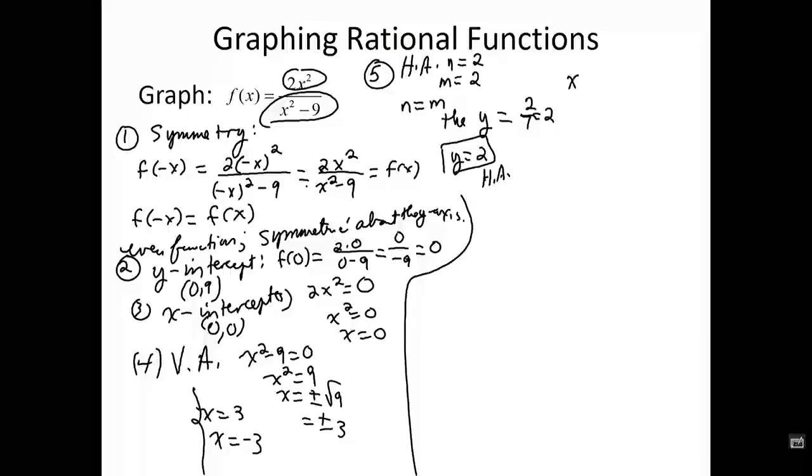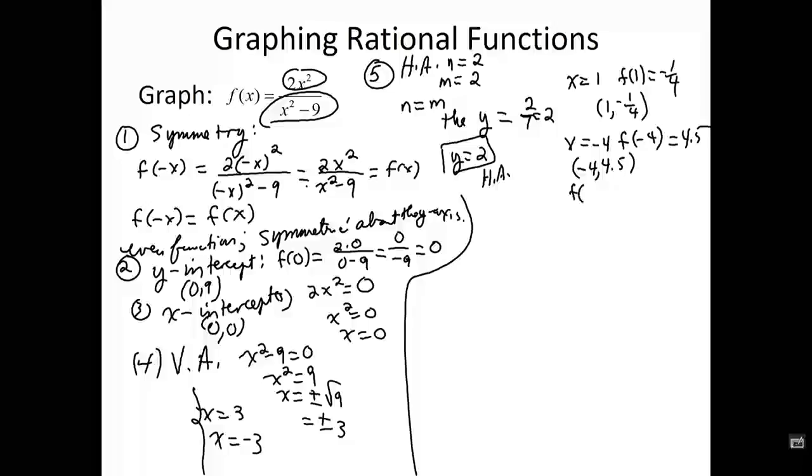All right, so let's see. When x is equal to 1, f of 1 is equal to negative 1/4, so we're going to have the point (1, -1/4) on the graph. When x is equal to negative 4, f of negative 4 is approximately 4.5, so we have the point (-4, 4.5) on the graph.